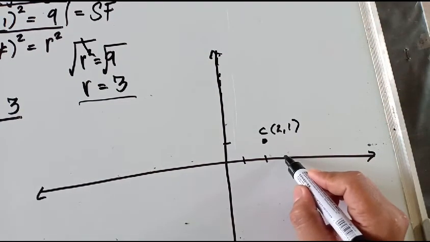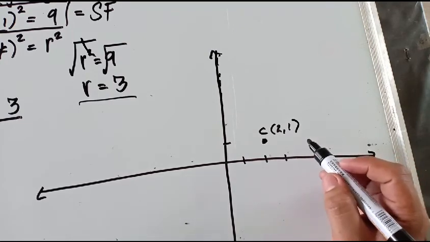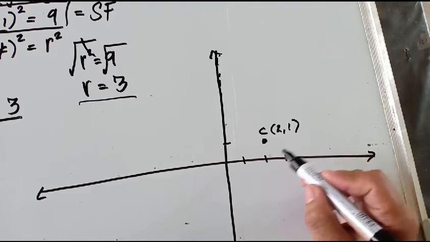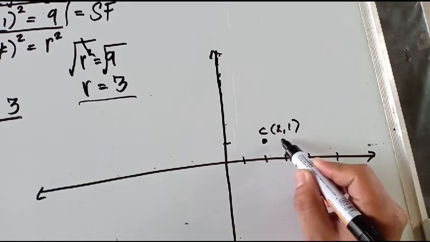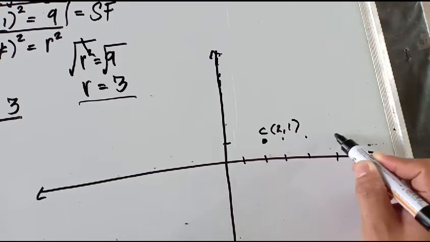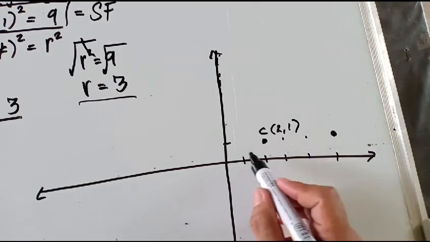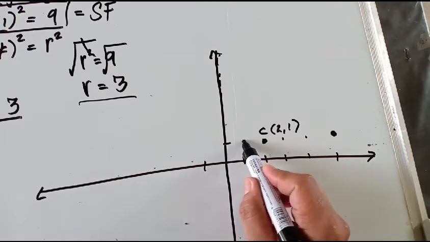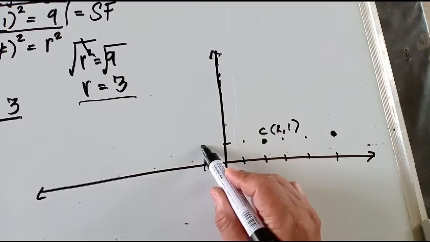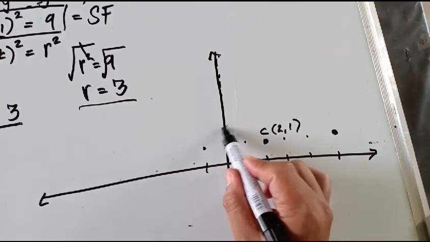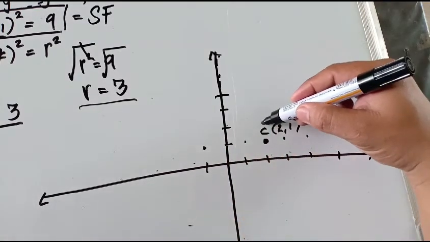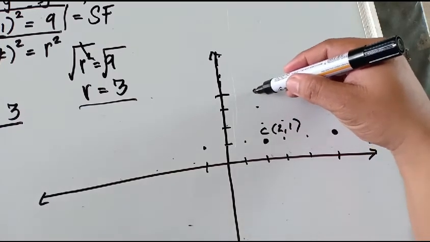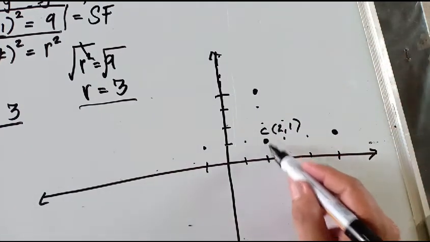So we need to move 3 units: 1, 2, 3. Upward also, 1, 2, 3 from the center.